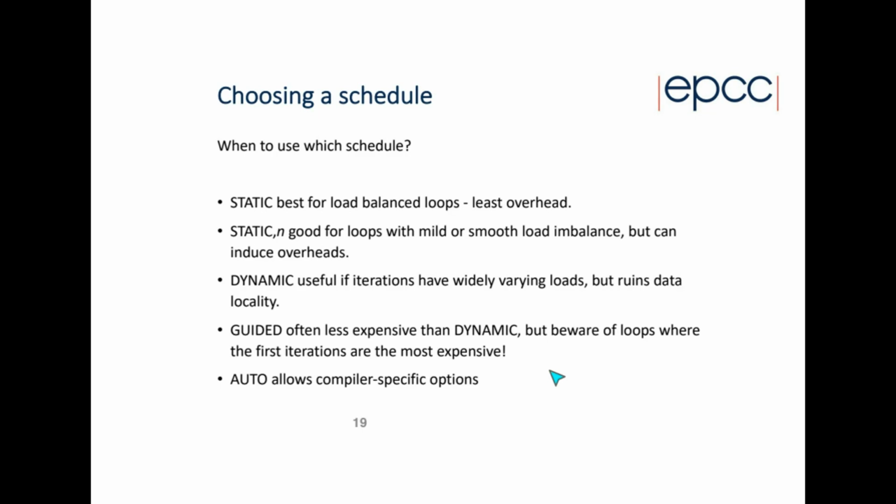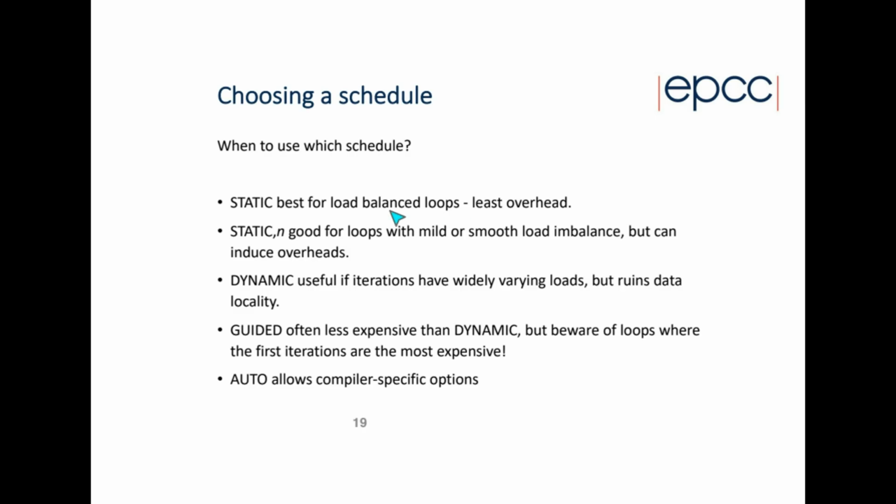Okay, so that's a lot of options. How do we make sensible choices? Well, in practice, we often end up just doing some experiments, but here at least are some guidelines of when we're likely to want to use each of these schedules.